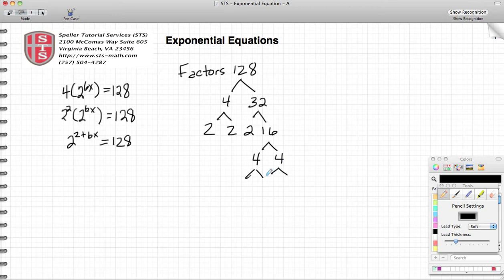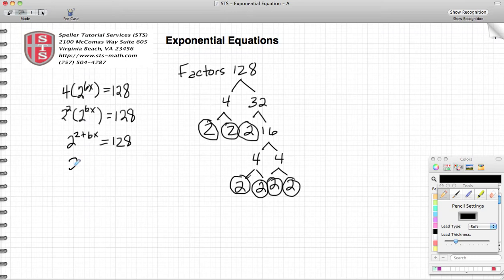And then for these 4s, we know their factors are 2, 2, 2, and 2. Now let me go ahead and circle these prime factors. And I see that I have 1, 2, 3, 4, 5, 6, and 7 2's. So I know that's 2 to the 7th power.